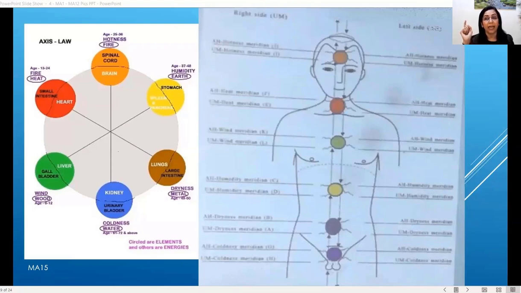The front dryness chakra supplies energy to both the left and right lung meridian. And while the back dryness chakra supplies energy to both the left and right large intestine meridians.